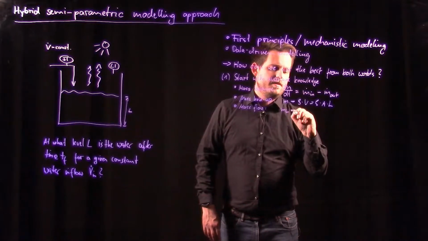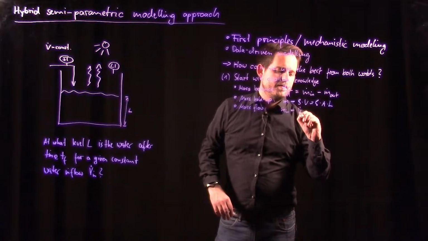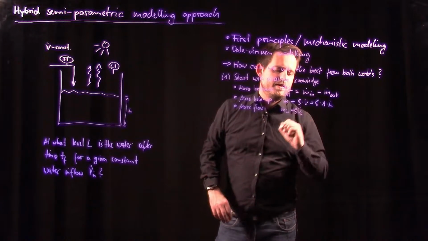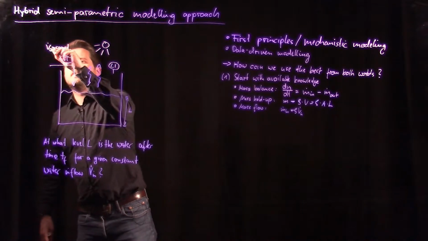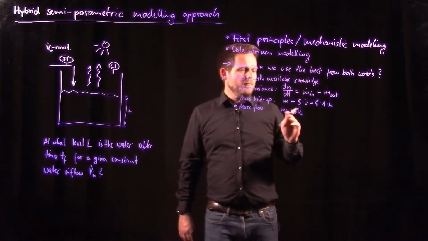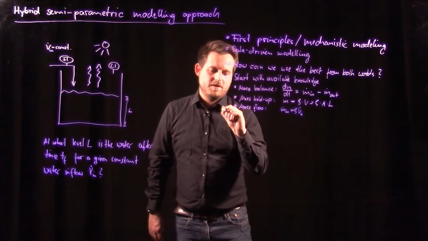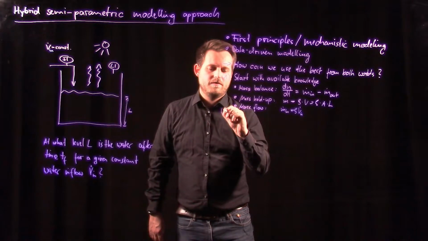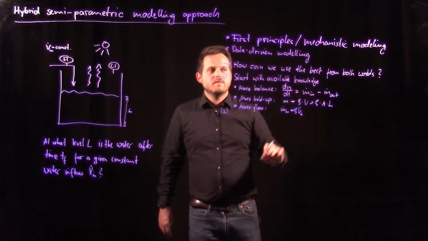M dot in equates to my flow V dot in times the density. Now, this is the part I might be capable of providing via a first principles model or mechanistic modeling.